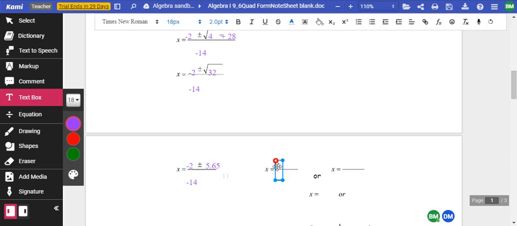So one answer is 0.26. For the other answer, we have to do the negative: negative 2 minus 5.65, divided by negative 14, is 0.54. Okay, hope this is helping.